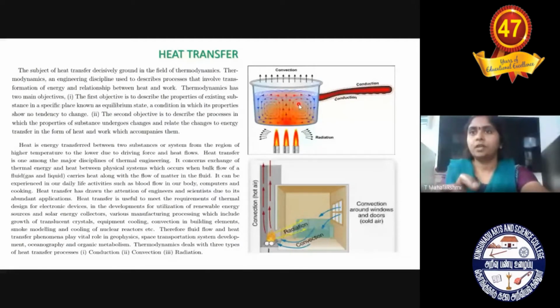And in the second figure, in this example, our living room is the enclosure. We can consider the living room as the enclosure. Once the air is getting inside the enclosure, it will be in the convection mode. Sometimes we heat the room in this mode also. So that will be radiation.